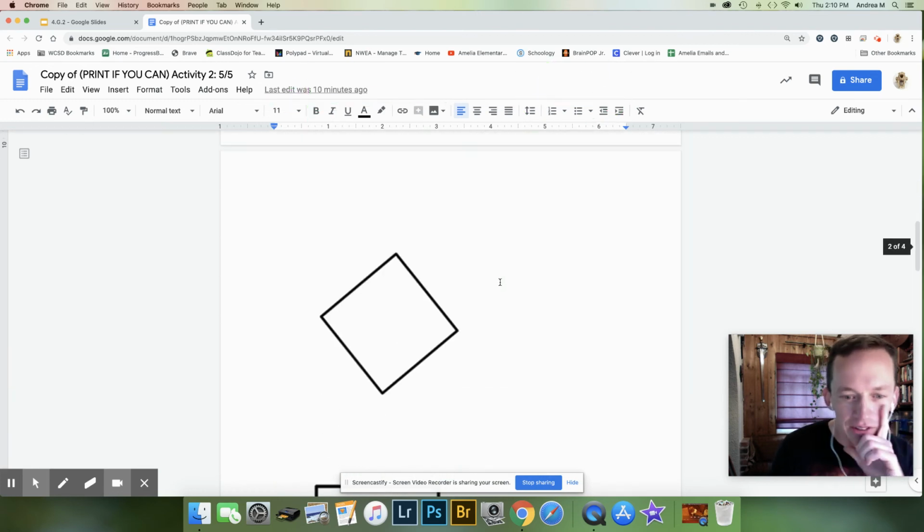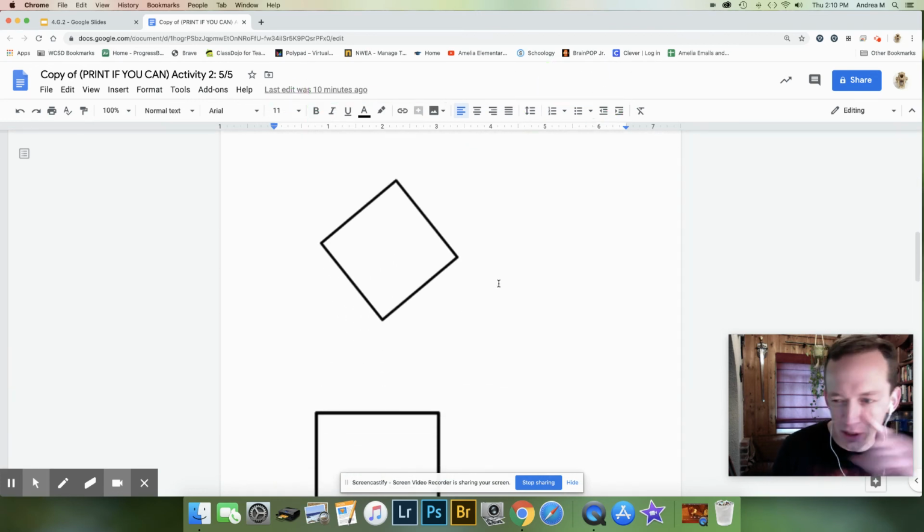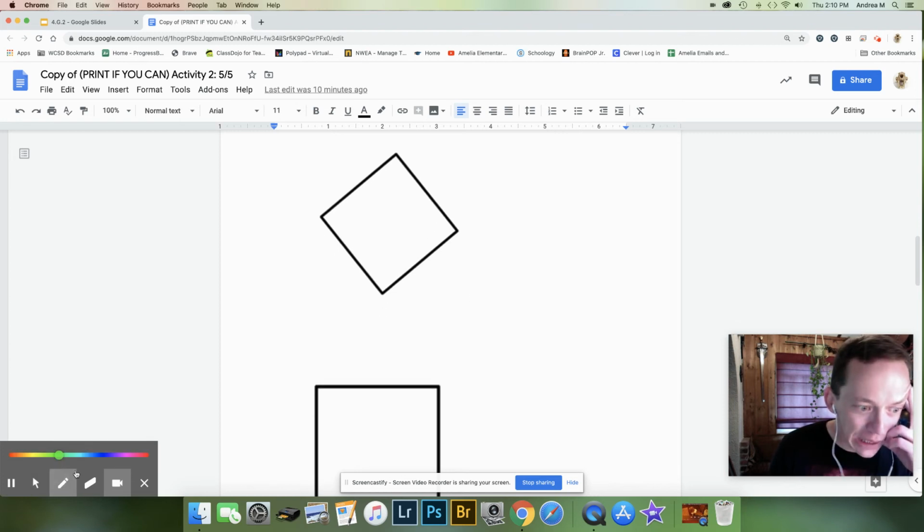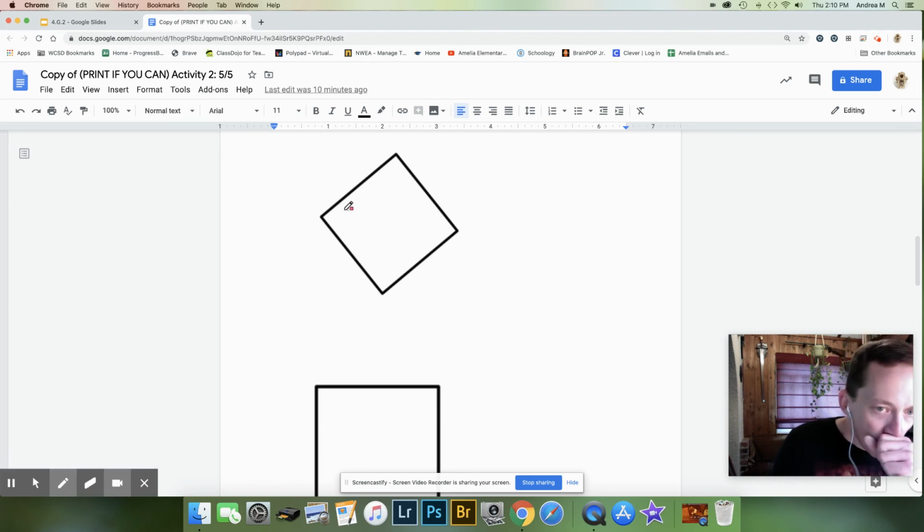All right, let's take a look at this here. Squares are great because squares pretty much do everything. Let's go red, okay? I used these for our parallel lines, but if I look at this one right here, these are perpendicular because when they meet each other, they make that right angle.